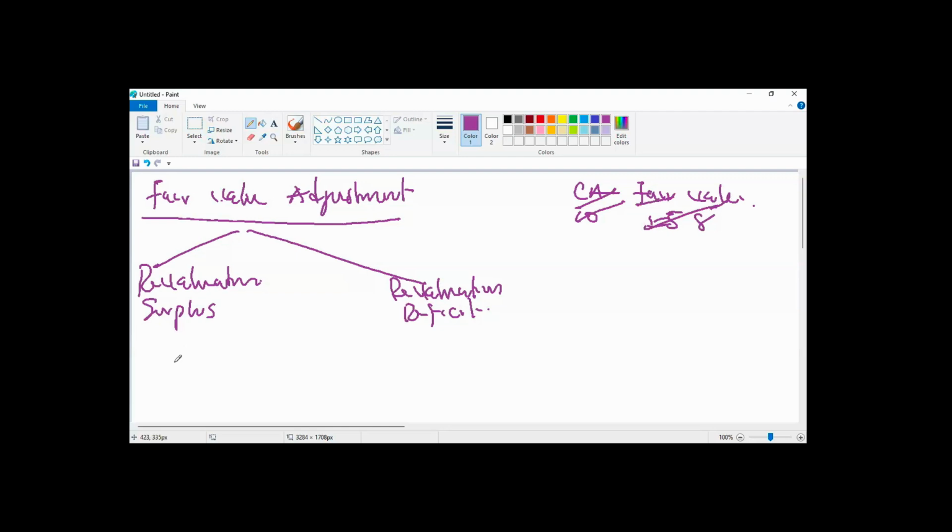This is what you do in the exam. After you have detected it is a surplus, what is the entry? PPE will be debited, plus I will go to the reserve, which will be credited. For a deficit, PPE credits, unnecessary reserves debit.